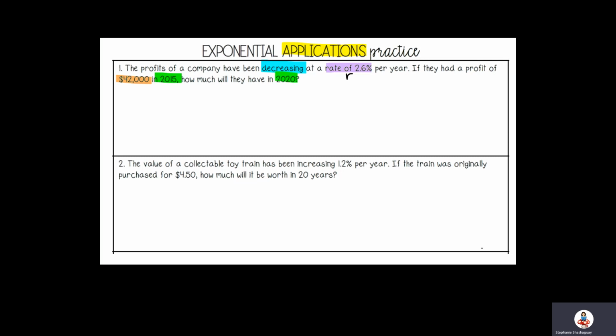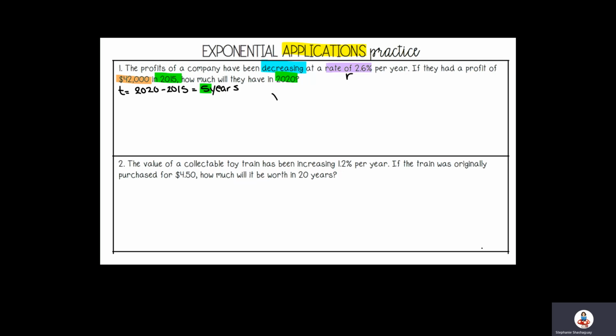So to figure out the time, I'm going to do 2020 minus 2015, and I get 5 years. So 5 is going to be my exponent in my exponential decay because I'm decreasing function.